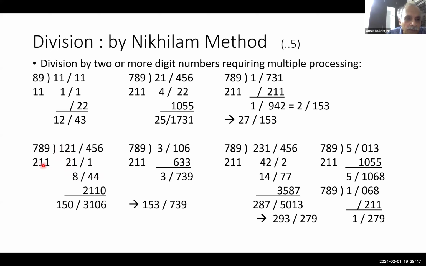Earlier it was 1 into 211, simply 211, but now 2 plus 2 is 4. 4 into 211 is 844, and 1 plus 1 plus 8 is 10. 10 into 211 is 2110. This 0 will match towards 6.